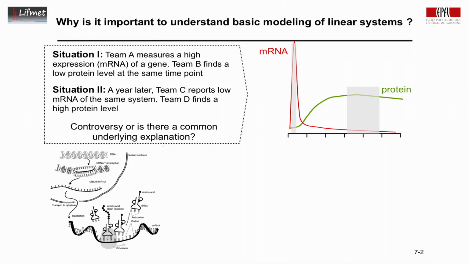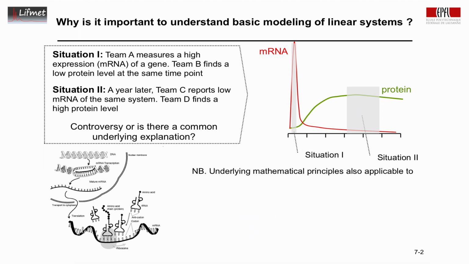So there's a causality issue here, and the mRNA has to precede the expression of the protein. So this is situation 1, and this is situation 2. Two different time points. If we look at it from this standpoint, then our conclusion must be there is no controversy, we've just been looking at different time points.